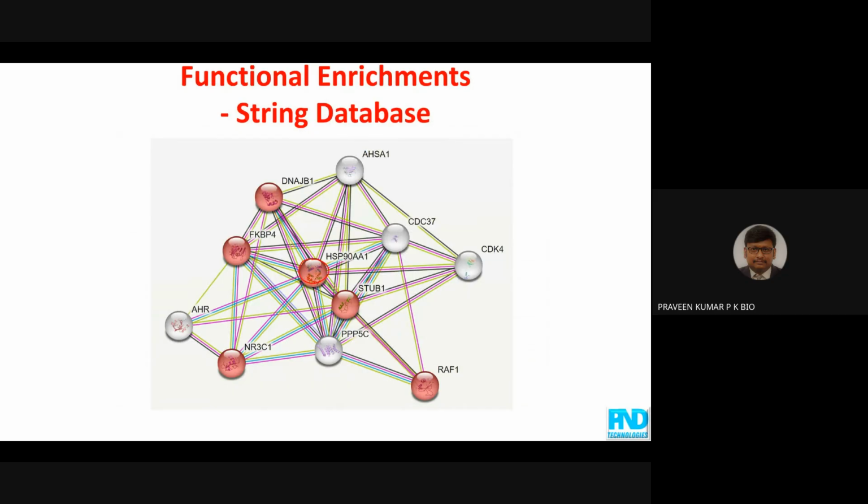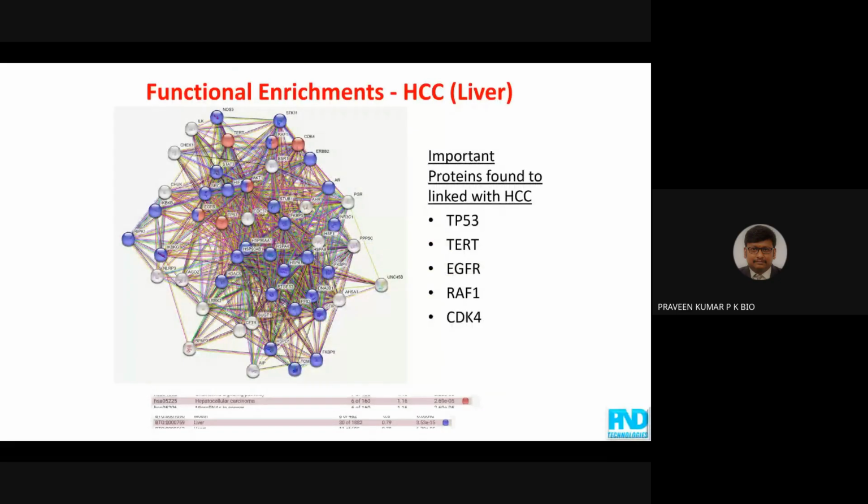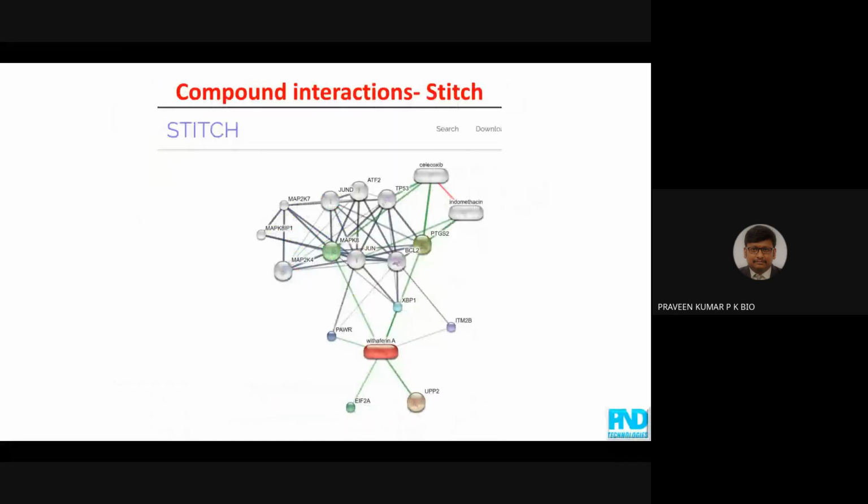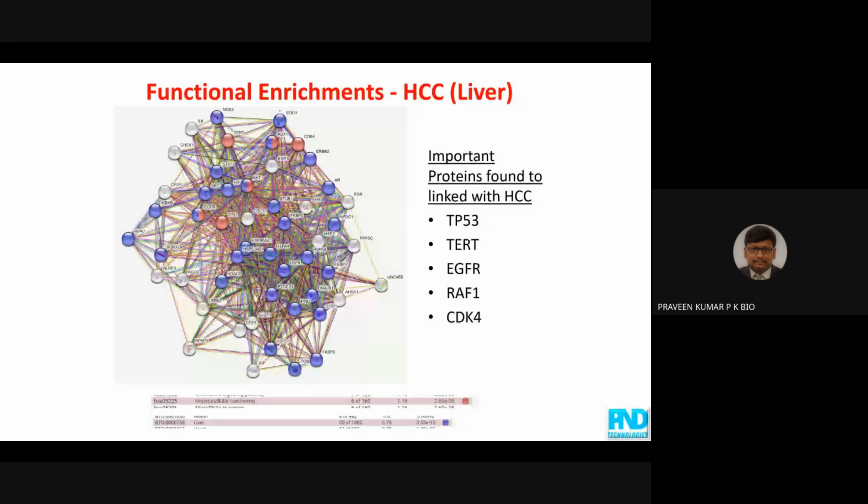The red color proteins are connected with liver. Then how about this gray color? This gray color is not connected with liver. So like this in the pathways, we can select the filters and through the filters we can identify through colors. So we can see the important proteins found to link with HCC. From the network pharmacology, we found this as TP53.